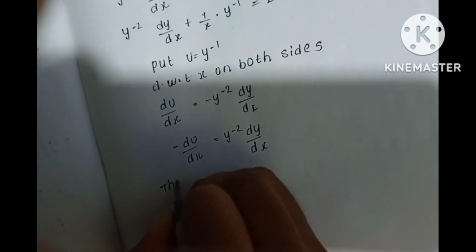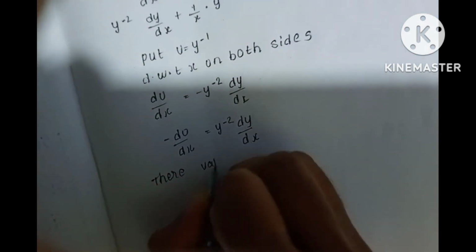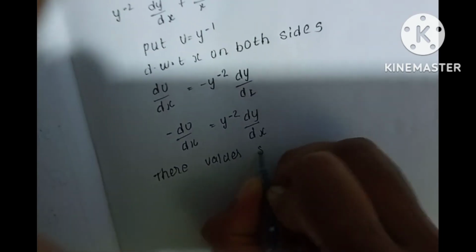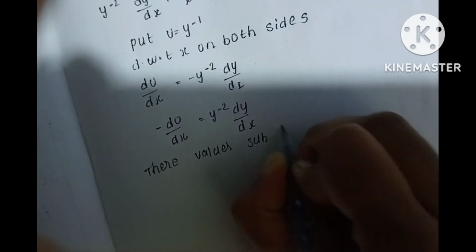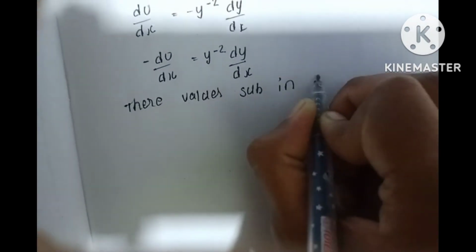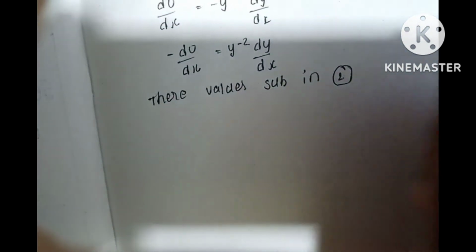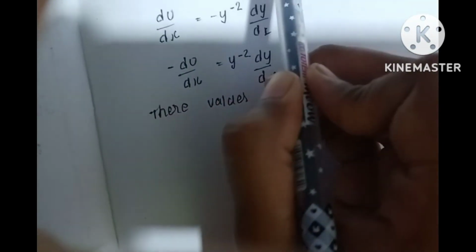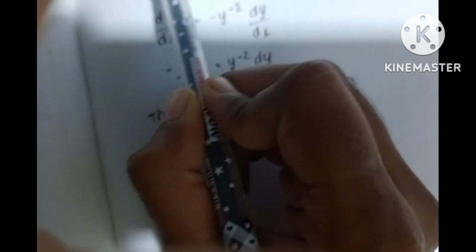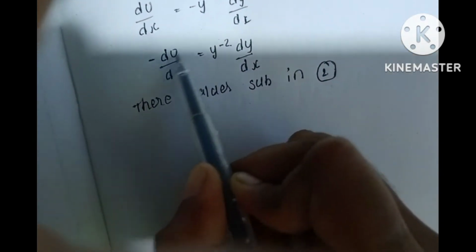And this value we substitute in equation 2. And this is equation 2. y power minus 2 into dy by dx is nothing but minus du by dx.